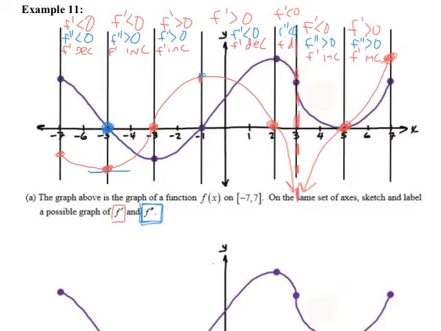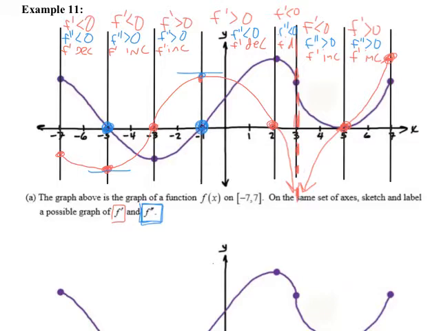And it looks like we're going to have another 0 there. And I don't think there's any other zeros. The sign of the second derivative does go from negative to positive here, but the function's derivative doesn't exist there, so neither will the second derivative.